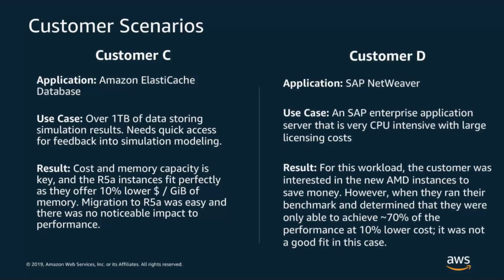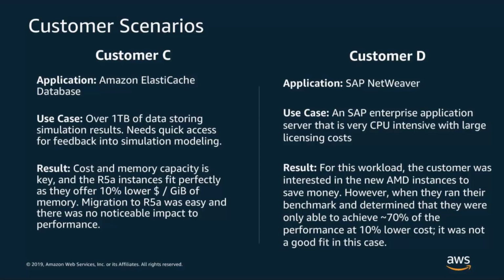Another customer we talked to was running the SAP NetWeaver Business Suite application. It's an enterprise application. The benchmark that is used to measure the value of the instance is very CPU intensive, and this application does come with significant licensing cost.